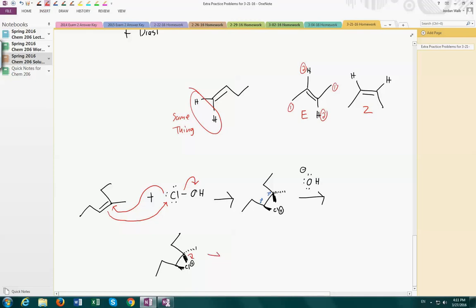So we've got this possibility, which forms a tertiary carbocation. And then we have the other possibility that it can be in equilibrium with.